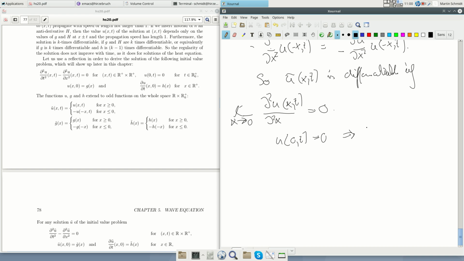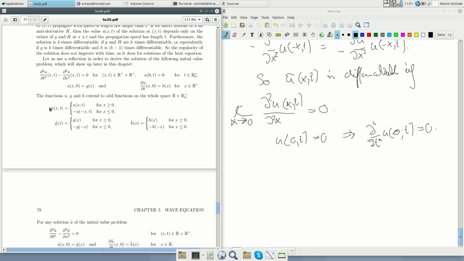So this implies that all derivatives d n by dx n of u at 0,t are also 0, and all t derivatives are of course 0. Then they are continuous. So we extend this, and we also extend, in a similar way, these functions.